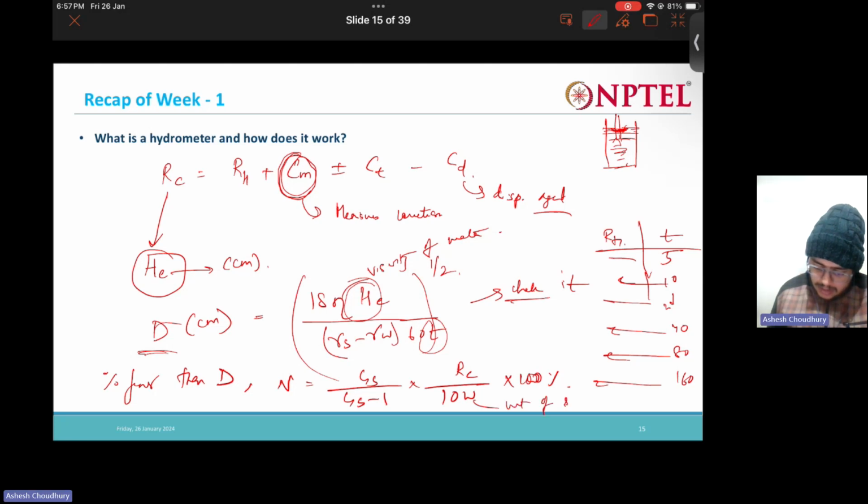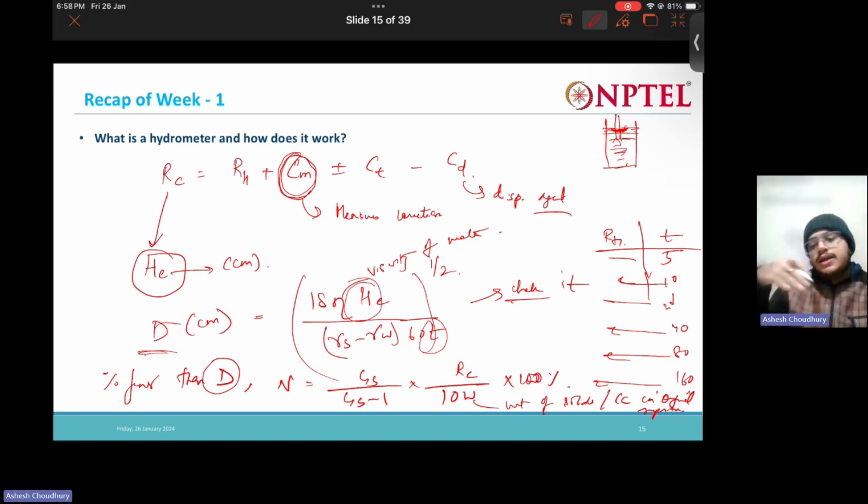Weight of solids per cc in original suspension. So we get the percentage finer than D. For each D size, we know the percentage finer. Many D's and many percentage finers we can get, so finally we can get the total grain size distribution curve.